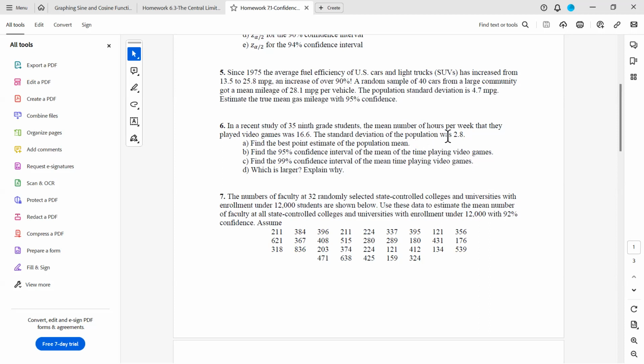And the standard deviation is, yes, good catch. I was thinking about the other problem that we did earlier. Oh, no worries. The standard deviation is 2.8 here, and the sample size is 35. My mistake. So yeah, the standard deviation is 2.8, then the sample size is 35. I'm glad you caught that.